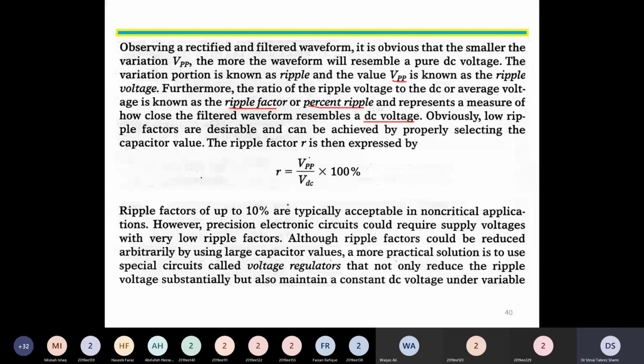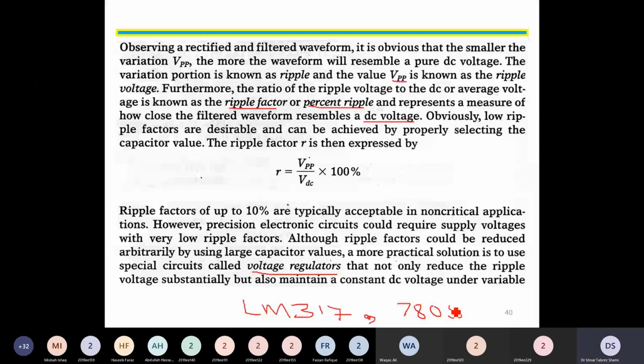For example, voltage regulators like LM317. LM is the model number of 317. This is an example of voltage regulator ICs. Or you can also have a look at 7805.